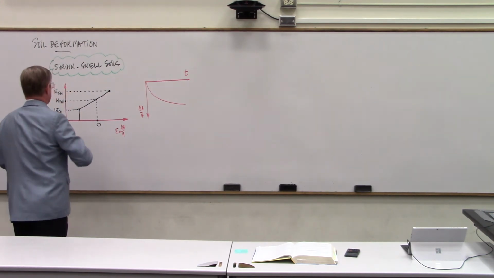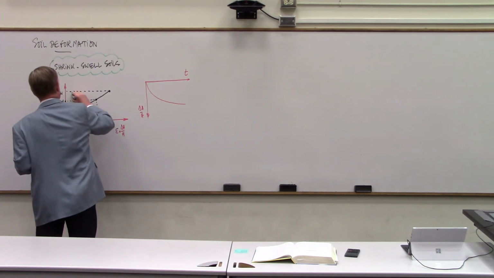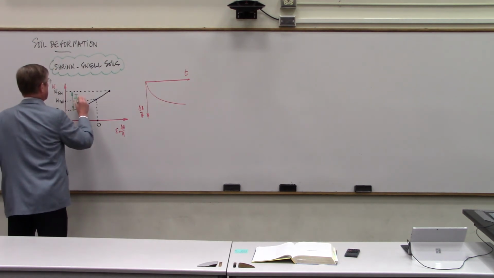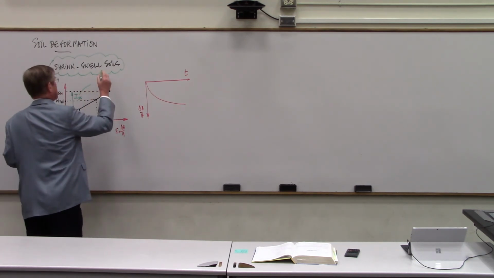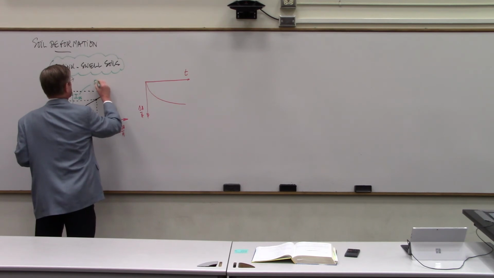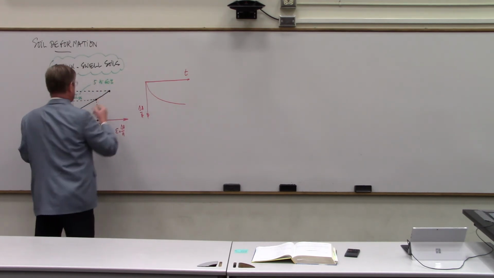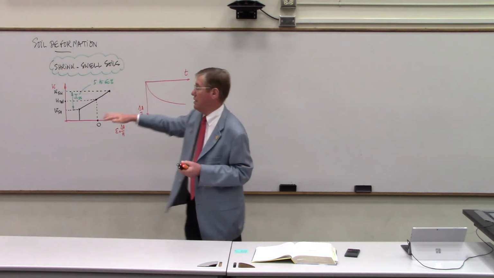This particular amplitude between the swell limit and the shrinkage limit is the shrink-swell index. And this can vary from 5 to, say, 60%. And it's not that difficult to actually create that black line.